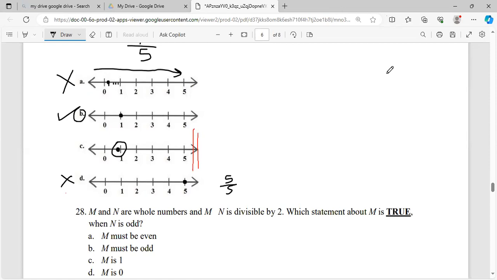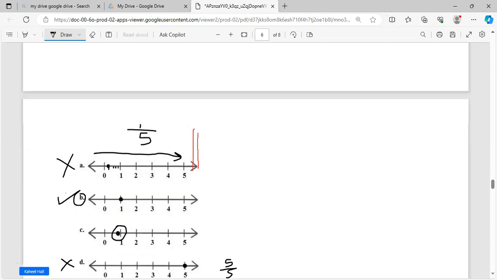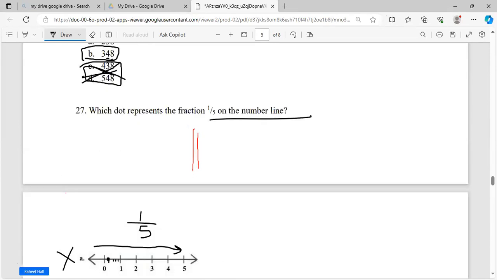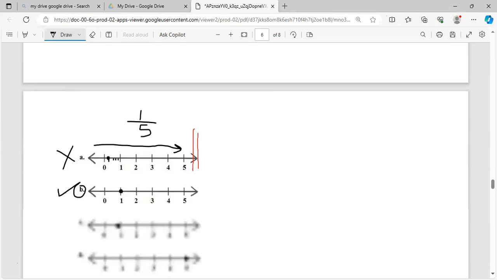They're not very specific, you know. They say, which dot represents the fraction 1/5 of the number line? They say of the number line, so I'm thinking it's the entire number line that they gave us.